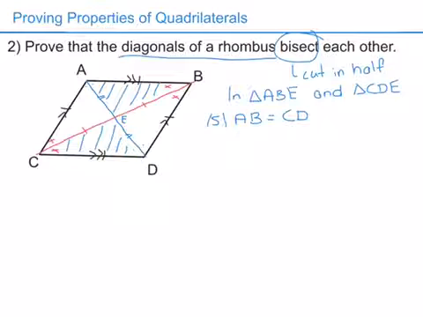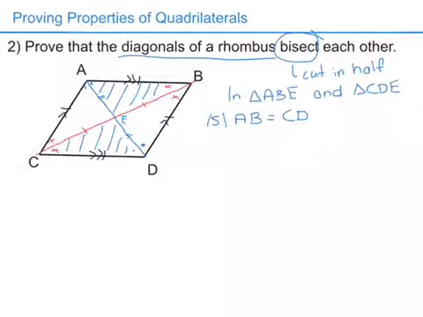Now, since I'm not allowed to use anything about the lengths of my diagonals, I'm now going to look for any angles that I could prove. Now, I do know that the diagonals of a rhombus bisect the interior angles. So it means that it cuts these angles at each corner in half. And so I'm going to use those as my final properties in my congruency proof.